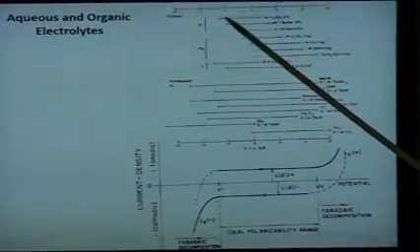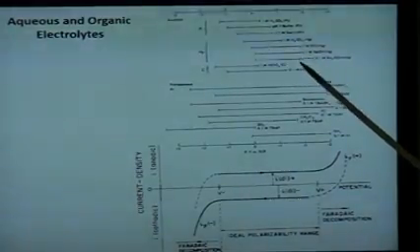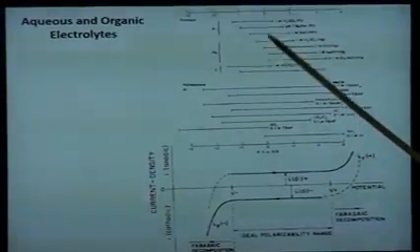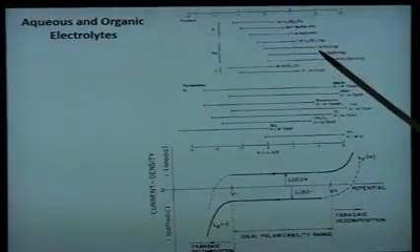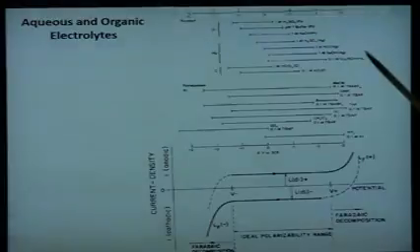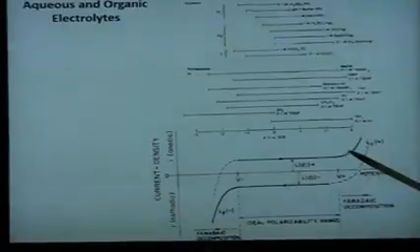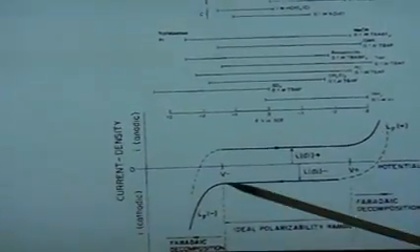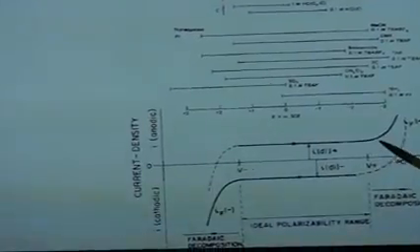So you can see for H2SO4 you can have +1 to 0, and then for basic solutions you can have +0.6 to -0.2. So these are the kind of typical ranges these electrolytes can withstand without undergoing any decomposition. So this is a CV curve, and here you can see the stability range of each individual electrolyte.